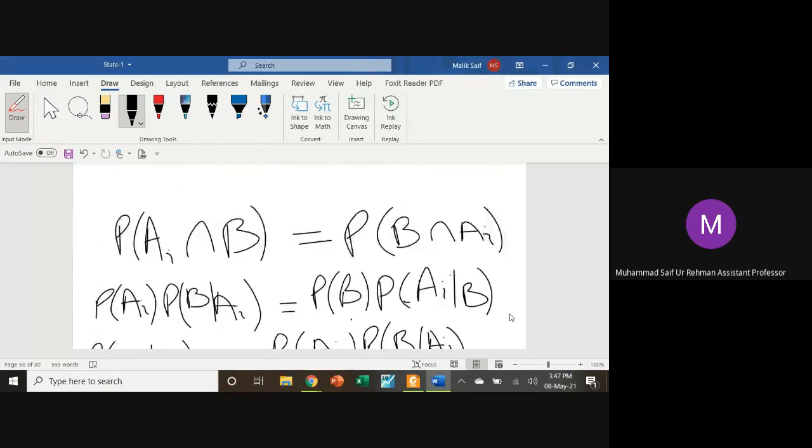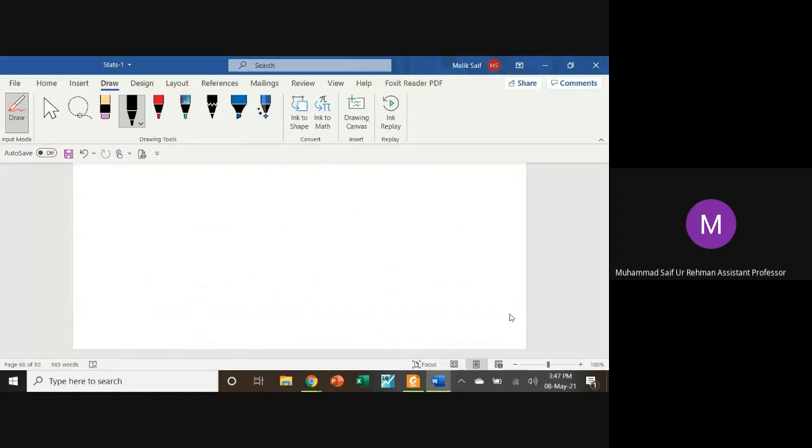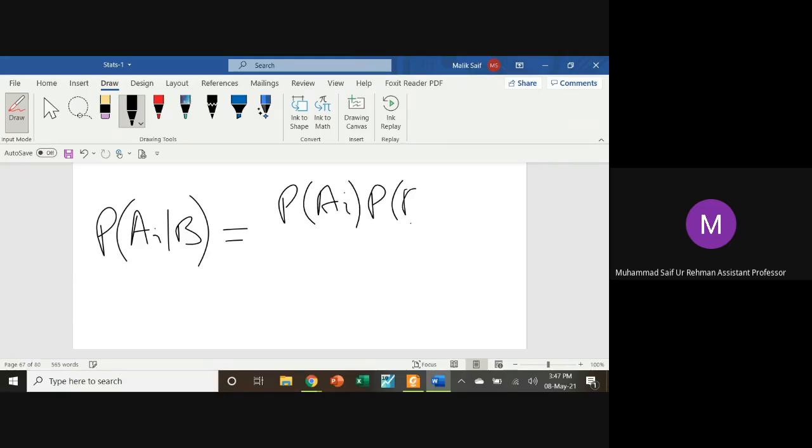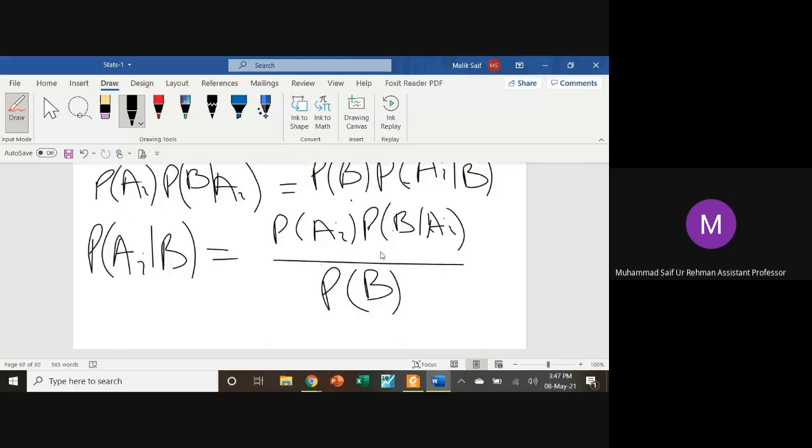So basically the formula is, if you see the formula for Bayes theorem, in simple terms, it is probability of AI given B is equal to simply this term, probability of AI, probability of B given AI, as I have written over here. You can see this same.